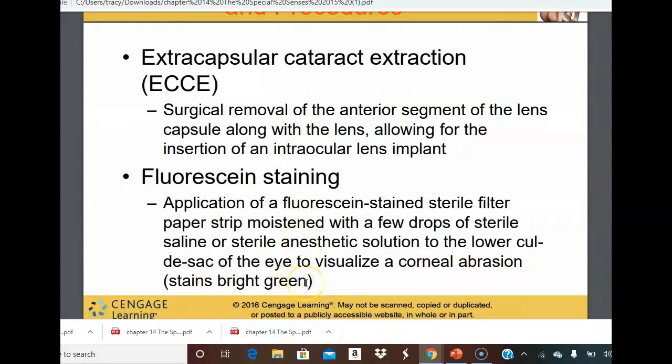It stains into a light green or yellow, and there's a fluorescent light that you put over, and so you can tell whether or not someone's had a corneal abrasion, and it'll usually be linear, because an abrasion is usually linear, and it will form a very bright green linear mark on the cornea. So that way you know whether or not someone's had a corneal abrasion or not.